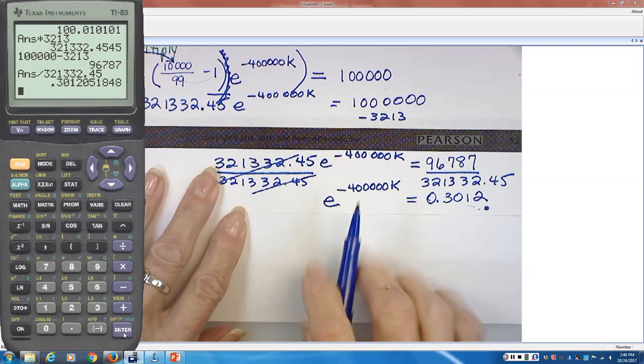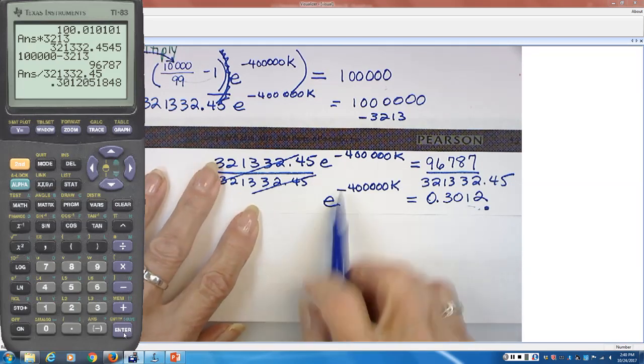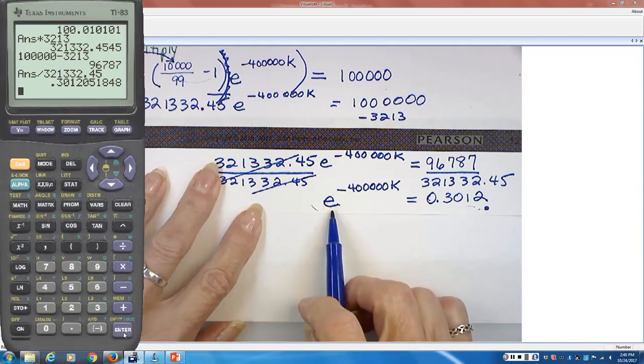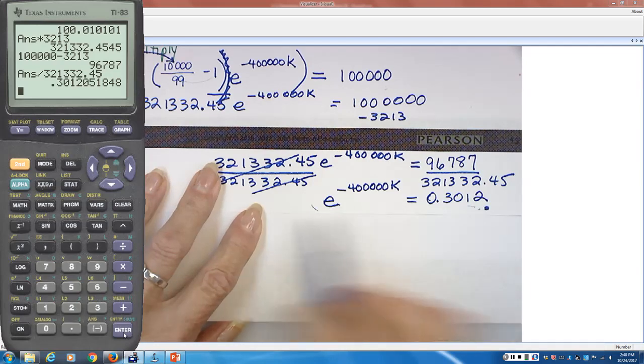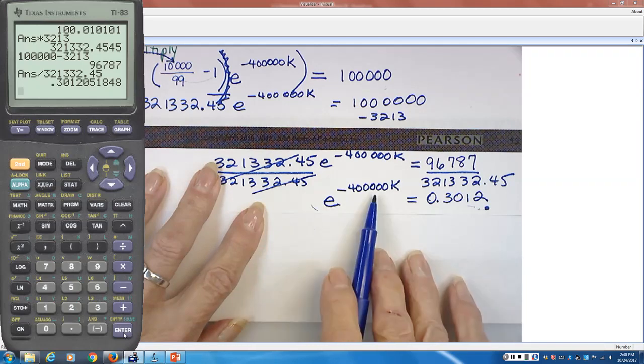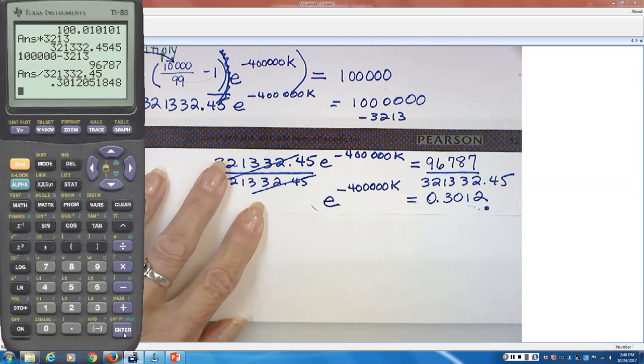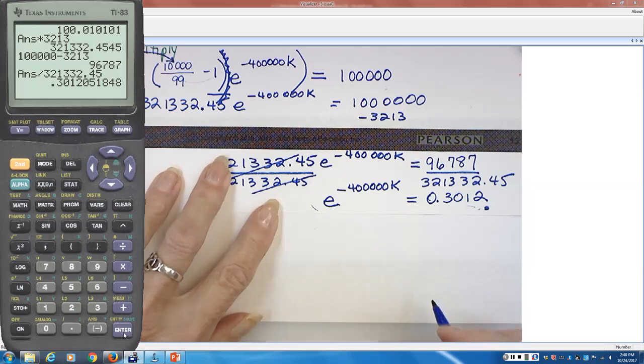If we take the natural log of both sides of this, the e actually disappears and leaves us with only the power. Because remember, the natural logarithm of e is 1.